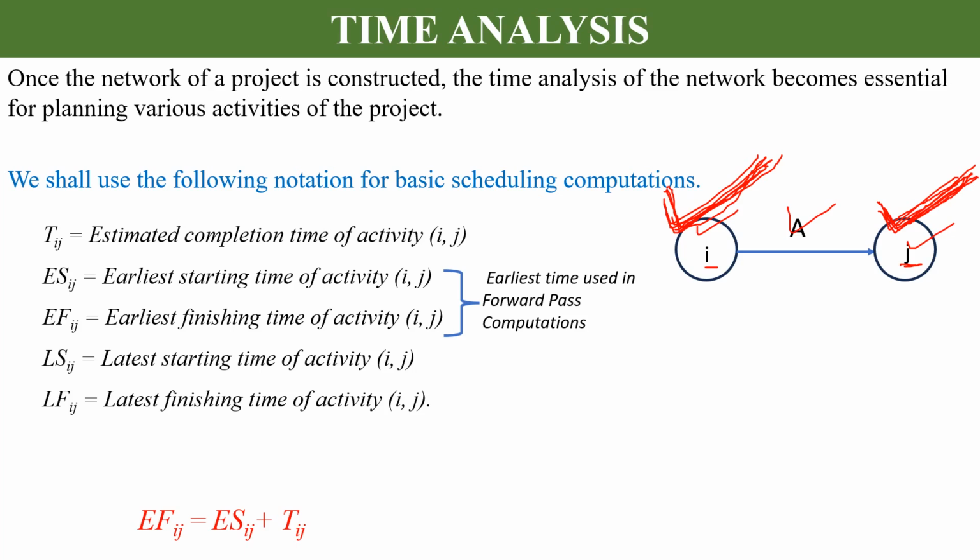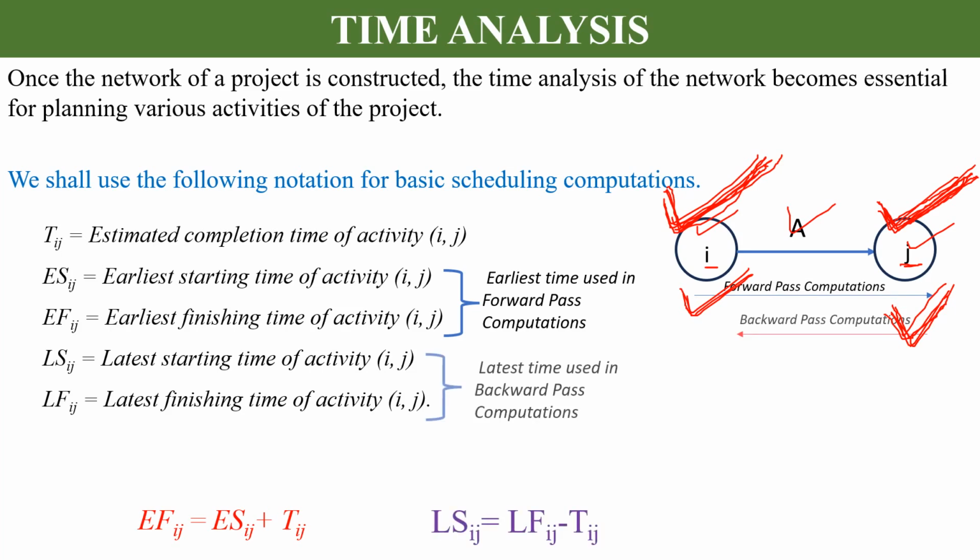Next one is LSij, the latest start time at the starting event. LSij is the latest starting time at the starting event. LFij is the latest finishing time at the end event. So here the end event is J. These latest event times are used in the backward pass method.